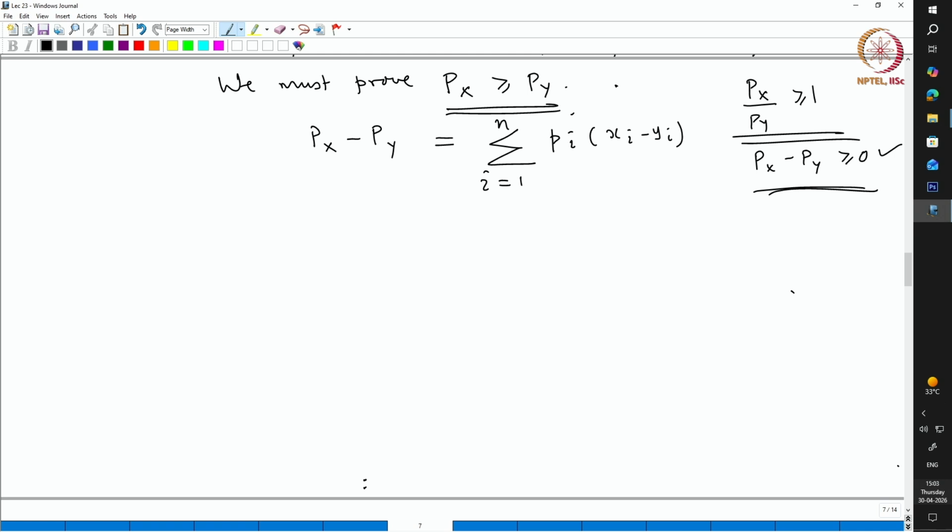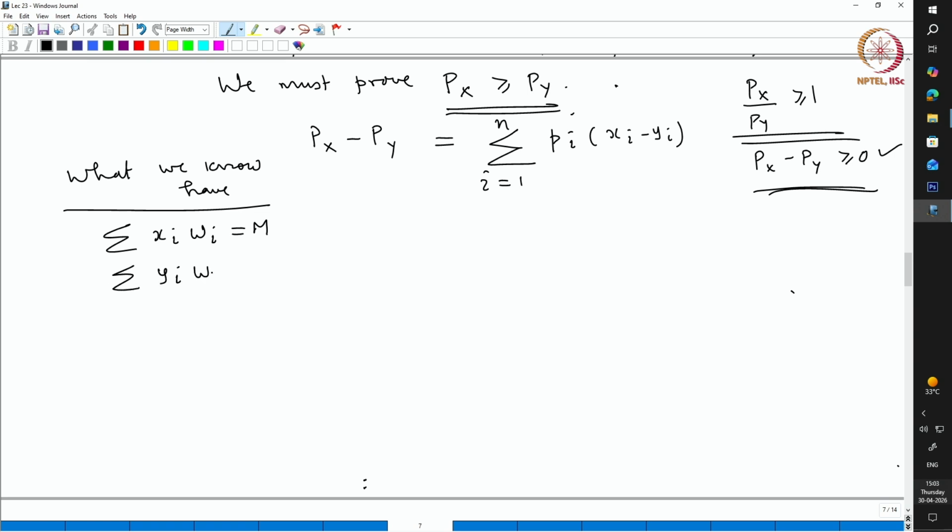It is sum of several terms, and sum of all these terms are greater than or equal to 0. That is what we have to show. But what do we know? What we know is this. What we have is the following: sigma xi wi equal to m, sigma yi wi is less than or equal to m.